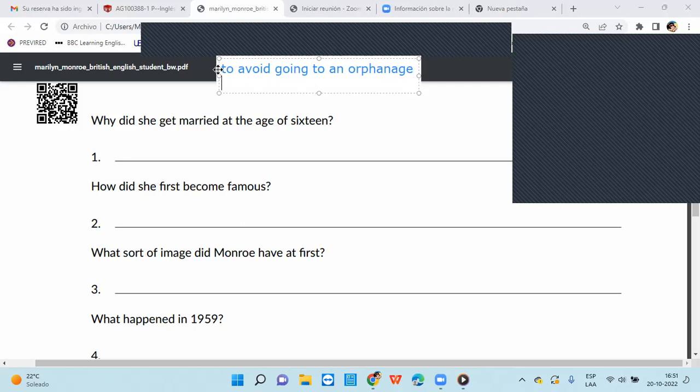Okay, here we have the incorporation of a photographer. What happened with a photographer? She take a pictures. Yeah, a photographer. Of her. Yeah, discover her. Yes. A photographer discovered her, and then she became a model.